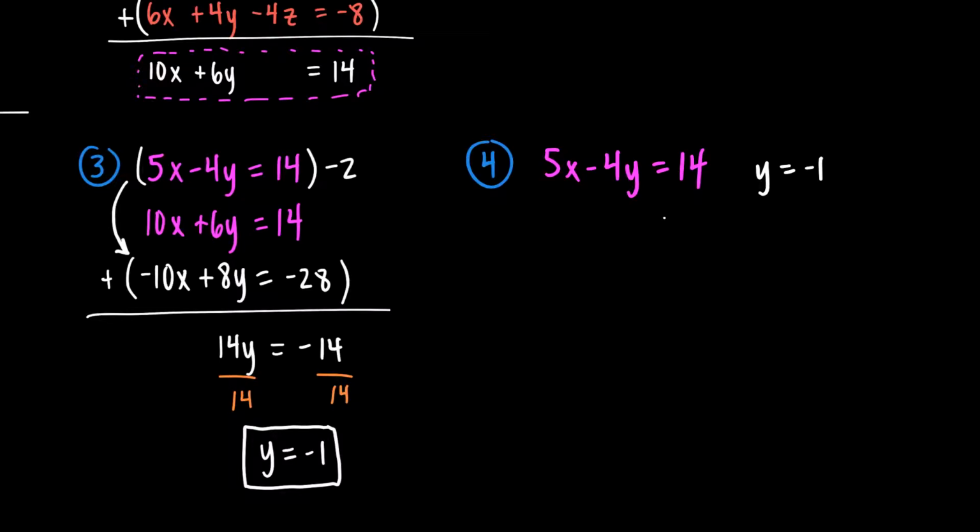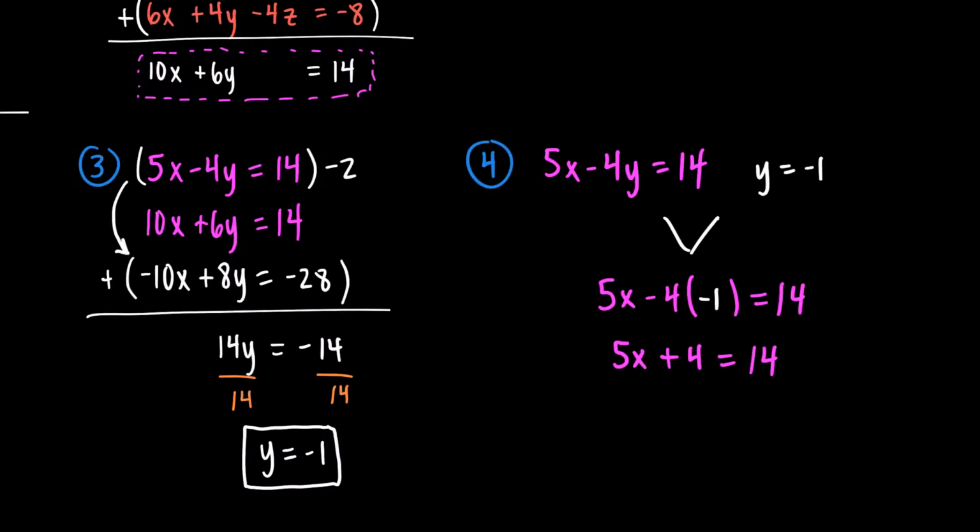We're going to take those two things together and say that, let's do this in pink here, 5x minus 4 times y, which is -1, better be equal to 14. And this will let us solve for x. So 5x, -4 times -1 is actually +4, is equal to 14.